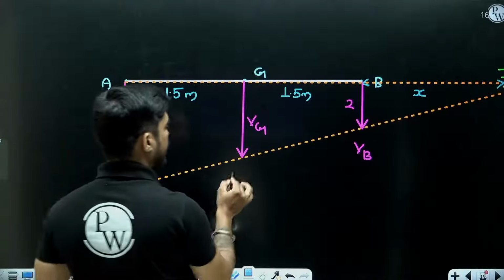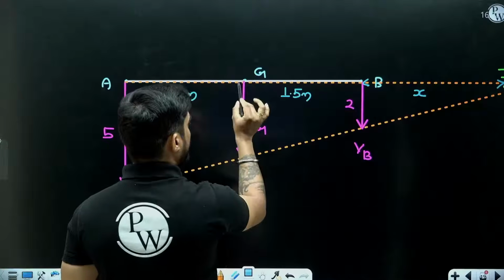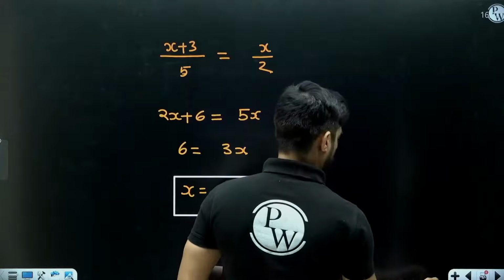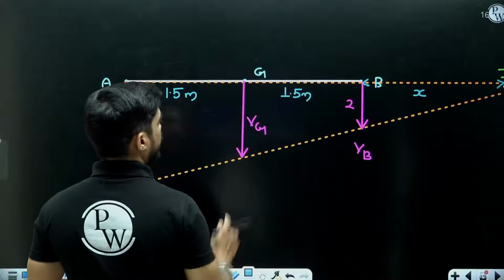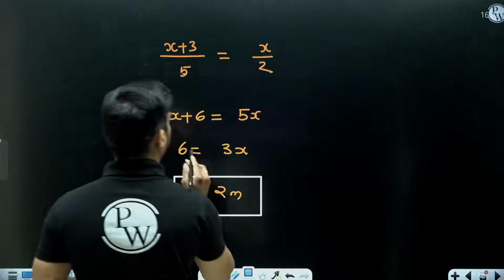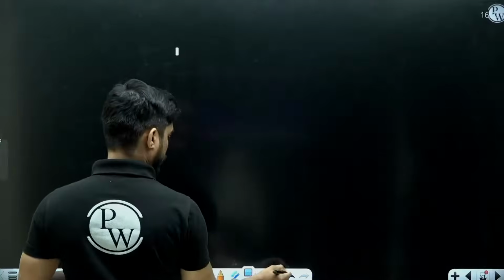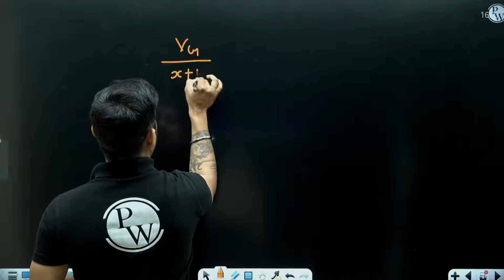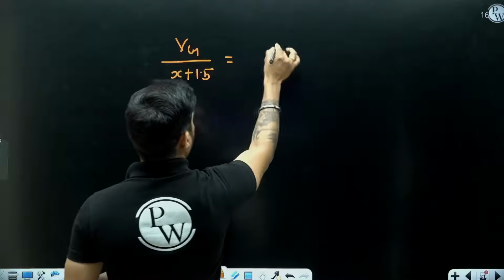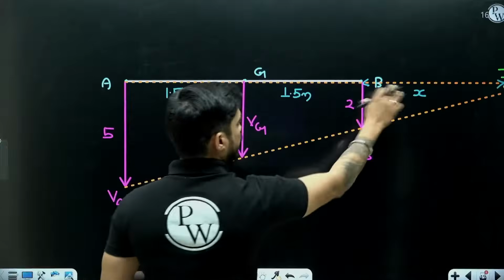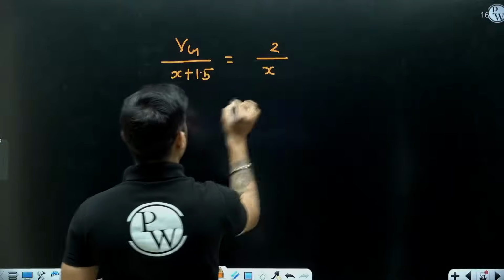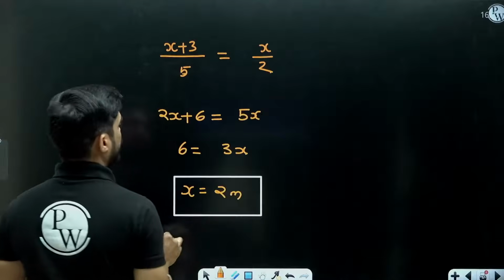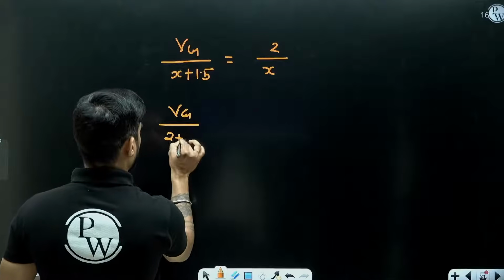Now we can find Vg. So apply now similar triangle between this and this. So it will become Vg upon x plus 1.5 equal to 2 upon x. So Vg upon x means 2 meter, no?